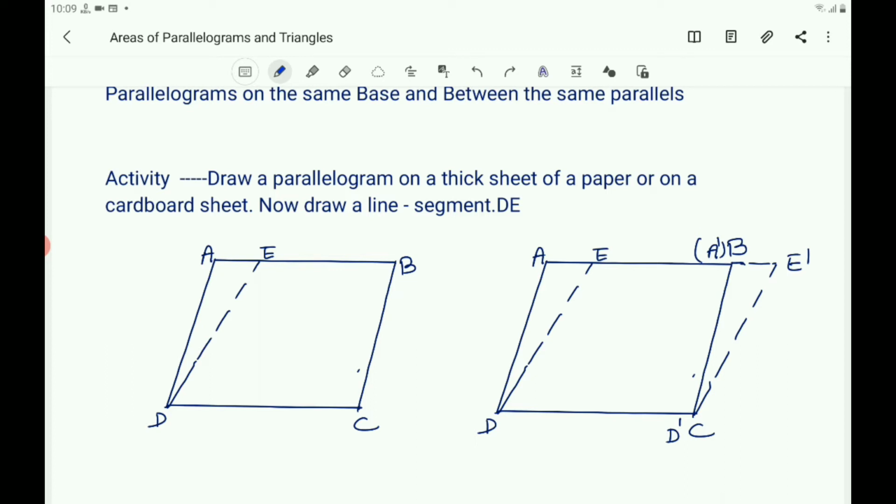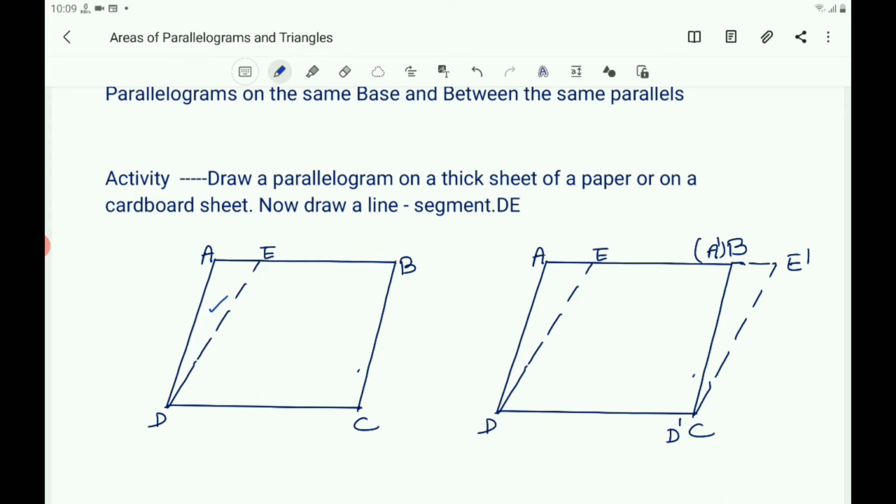Construct one more triangle A' D' E' congruent to triangle ADE. Here is a triangle congruent to ADE, and you draw one more triangle on the other side of the paper or on another paper and cut it.